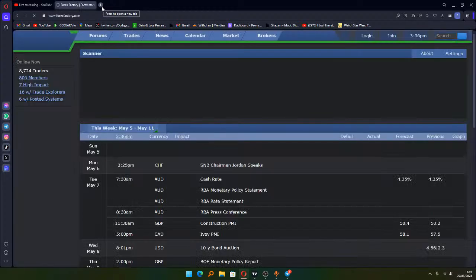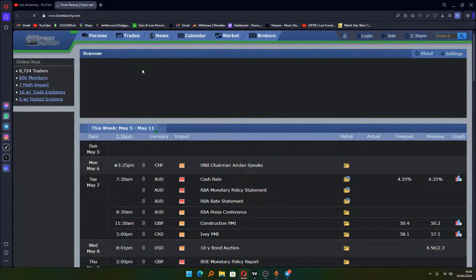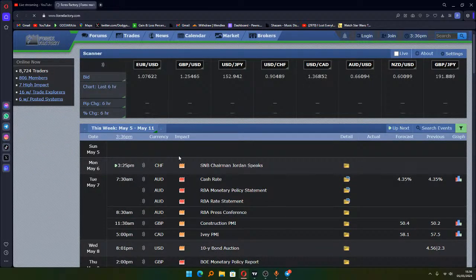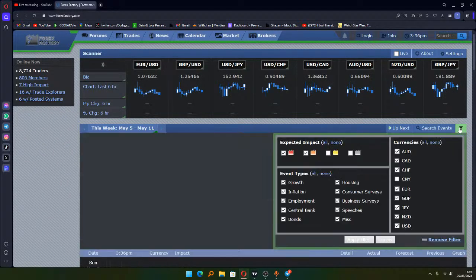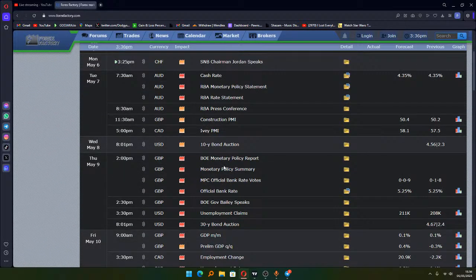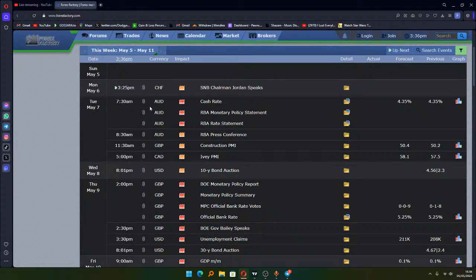So we do have the volatility scheduled for next week. Today is Sunday the 5th, so I'm going to be checking the volatility schedule as of next week. I can see that on Monday we have nothing of high impact.